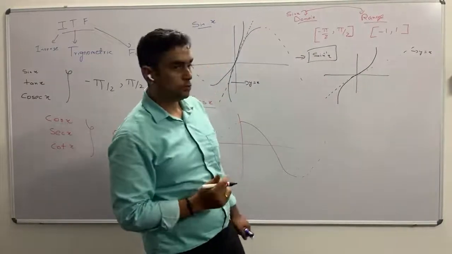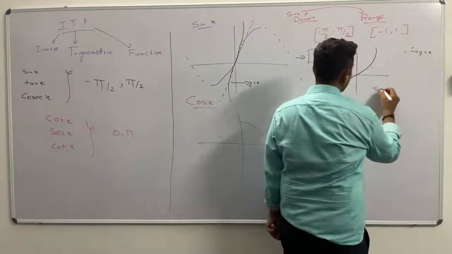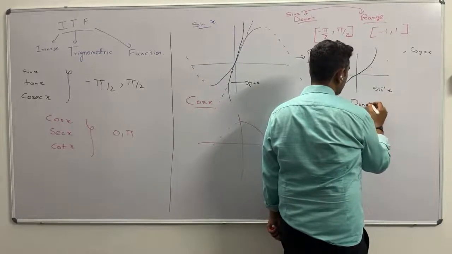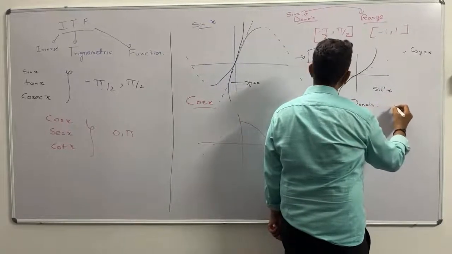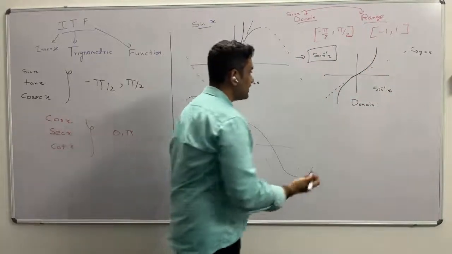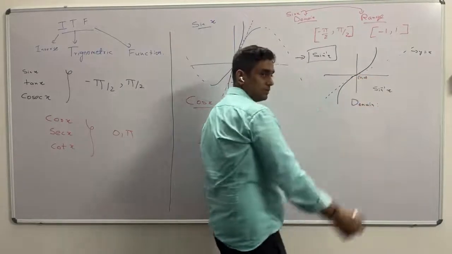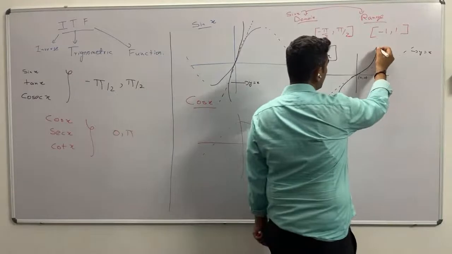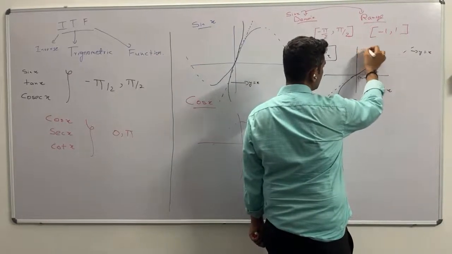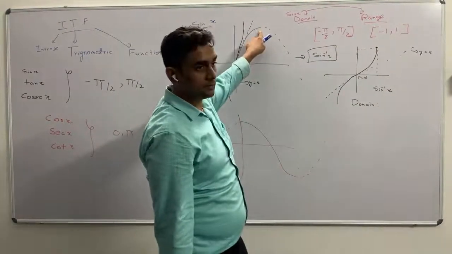Now, after we have done this, we have to write down the domain and range of sin inverse x. The domain of sin inverse x will come out as follows: whatever was the range will now become the domain. In fact, if you want to plot, this point will come out to be 0, 0, pretty obvious. What will be this point, Rishwant? Initially, what was this point?